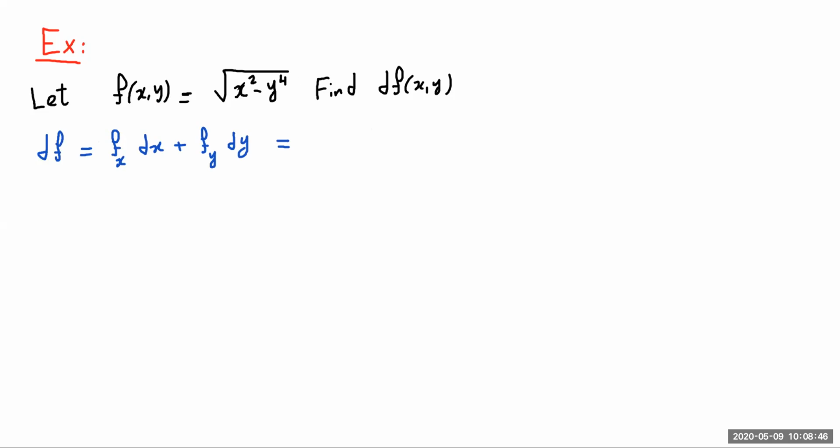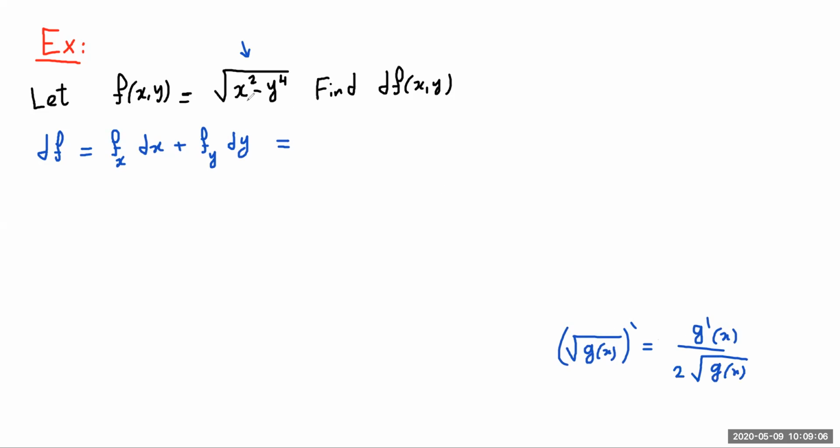So let's write the partial derivative of this term with respect to x. What was the derivative of root g(x) with respect to x? It's g prime(x) over 2 root g(x).